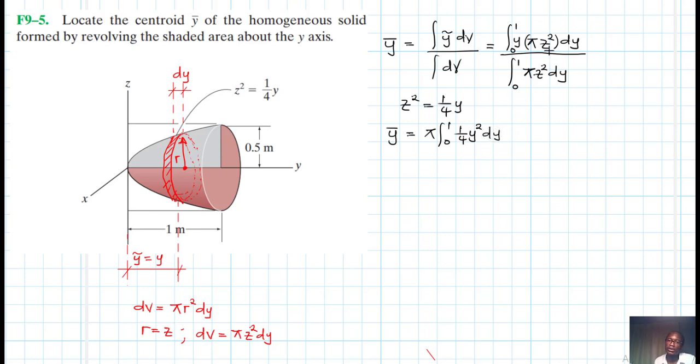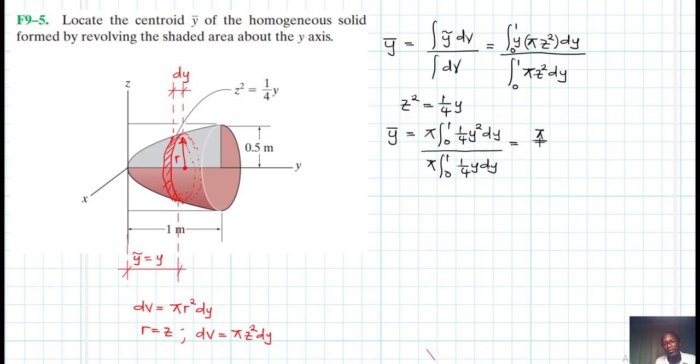Then this, divided by pi, integral 0 to 1, 1 over 4. The 4 we can even transfer out, but we can leave it for now. y dy.